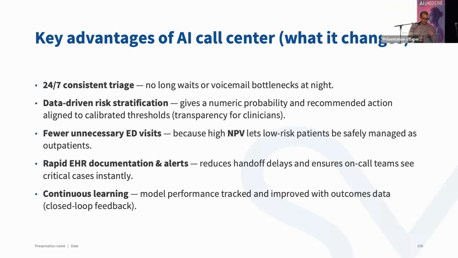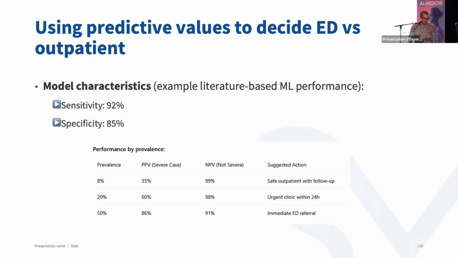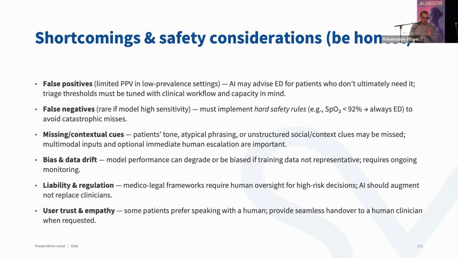And then the documentation, and what's also very important is that the models can self-learn and adjust based on what happens over time. Let's say maybe your center, because of a specific patient population, has a higher prevalence of a certain toxicity than what's reported in the literature, then the model can adapt to your reality and provide more personalized care. I'm going to skip over this for the sake of time.